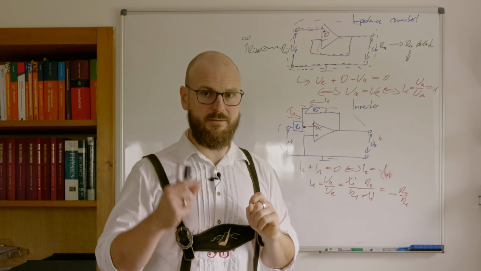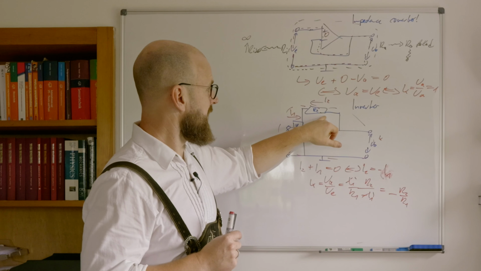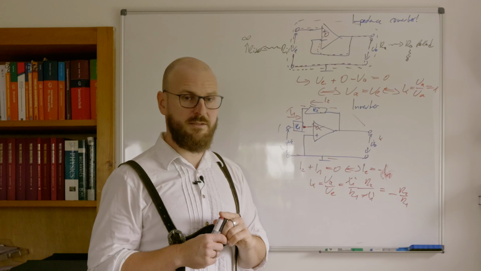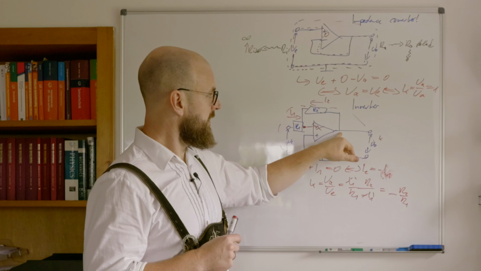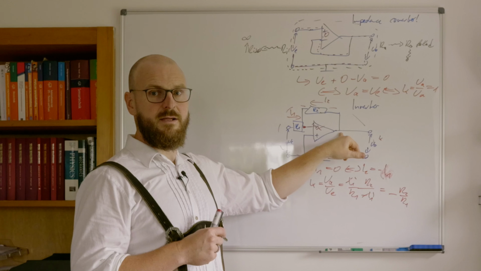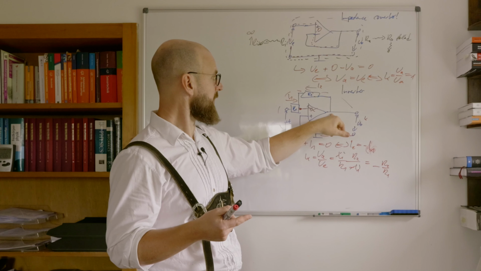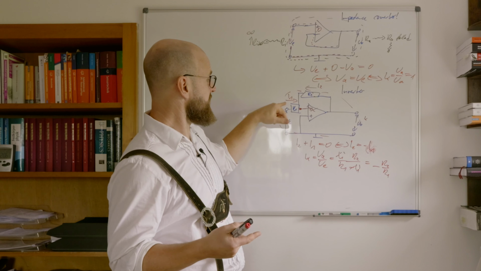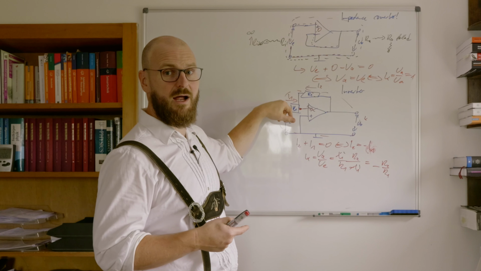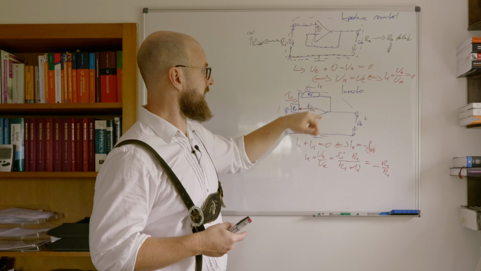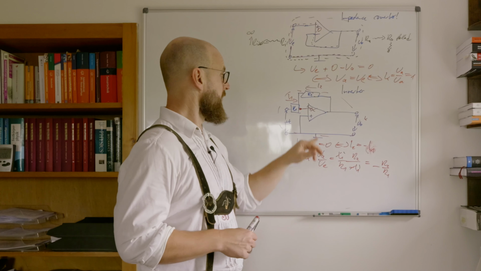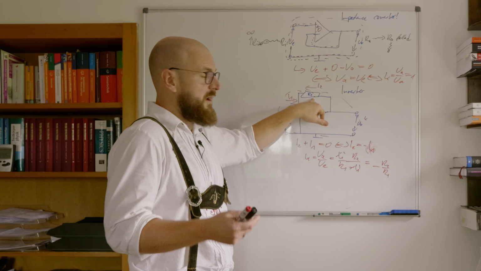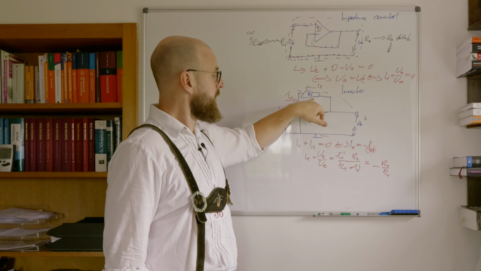And now what we get, thinking about that, is a current source. Because that source over here delivers always enough current, it delivers always the current which is needed to compensate the current I1, no matter how large that resistance R2 is. Meaning, you don't have to care about R2.